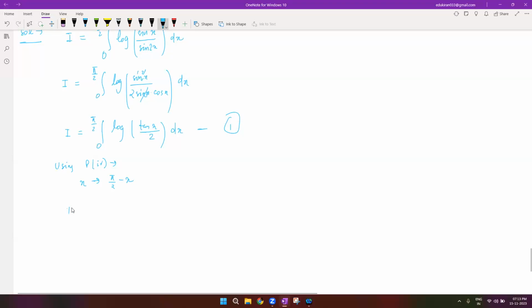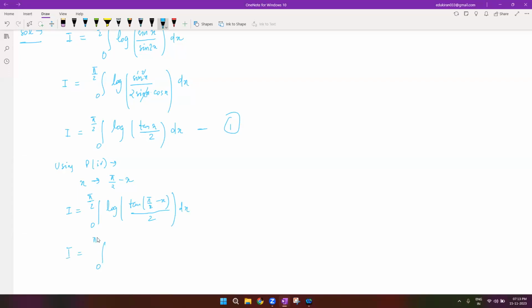So the integral from 0 to pi by 2 of log of tan of pi by 2 minus x, divided by 2, into dx. This will become cot x.